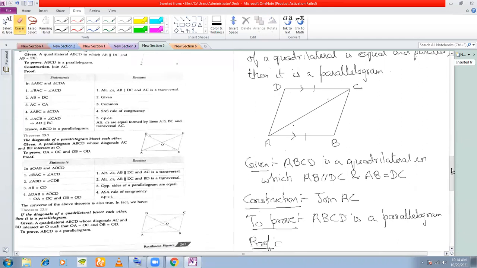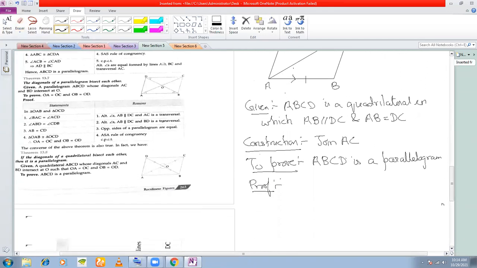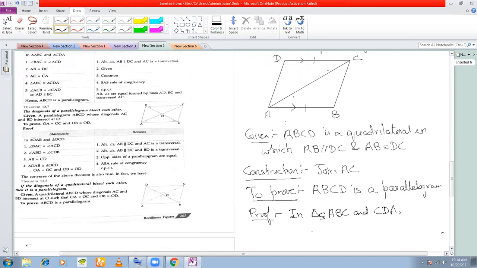In triangles ABC and CDA, first, AC is equal to AC, common side. Next, AB is equal to DC, this is given to you.